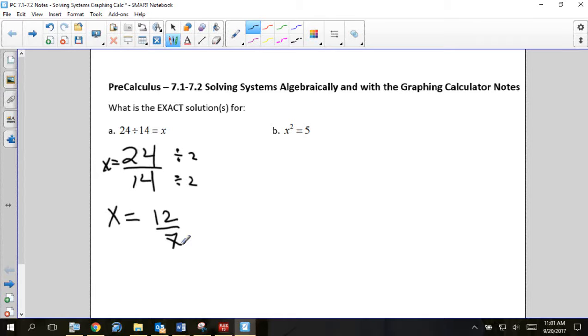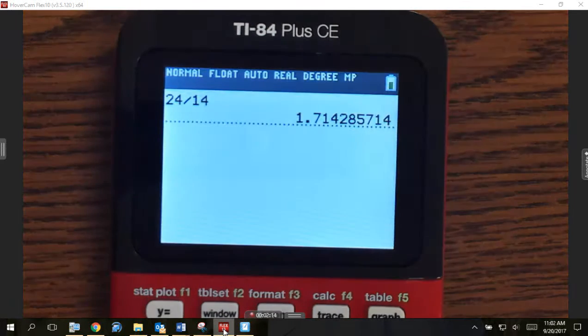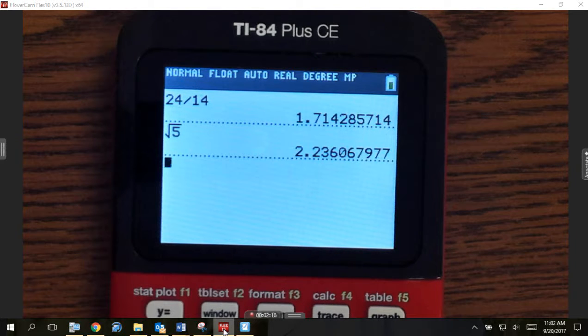The second question, B, is x squared equals 5. How do we solve that? Okay, but if I square root, plus or minus, and what is the square root of 5? Is that the exact solution?